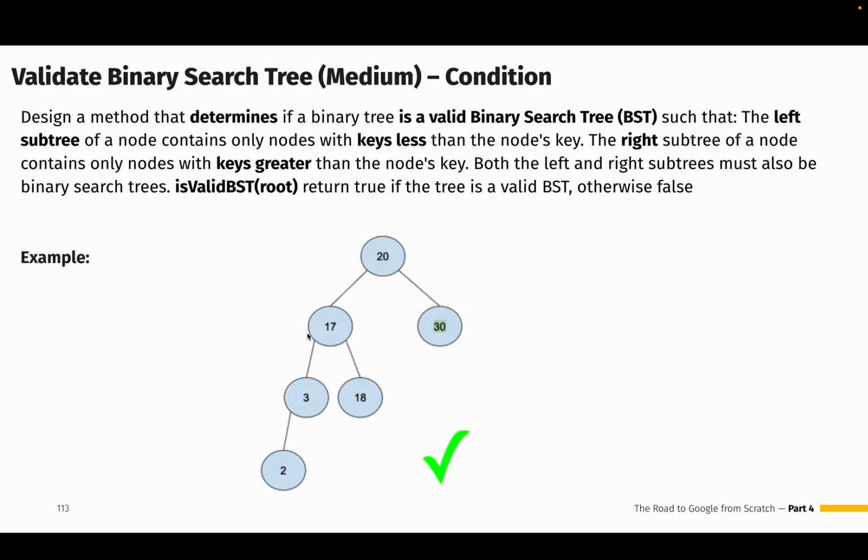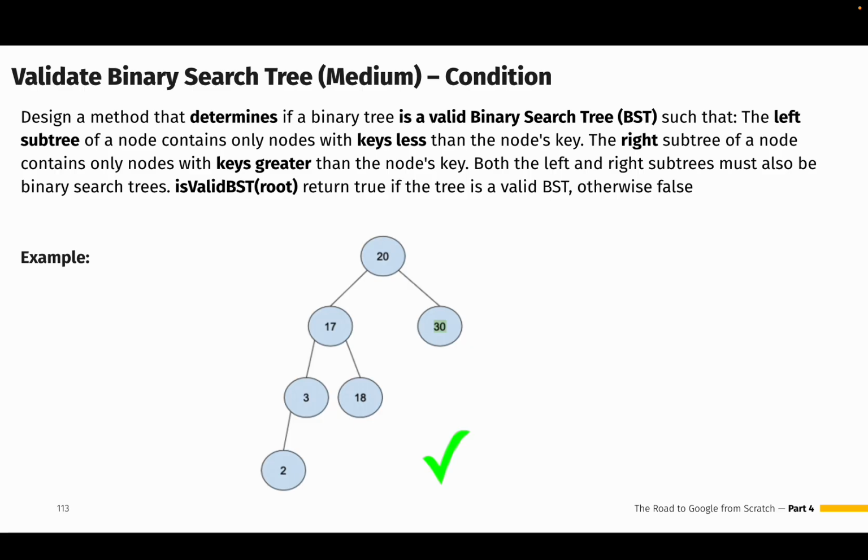So this element can be equal to 20 or maybe less, and the right subtree should be in the range from 20 to plus infinity, so equal or greater. That's the idea of a binary search tree.